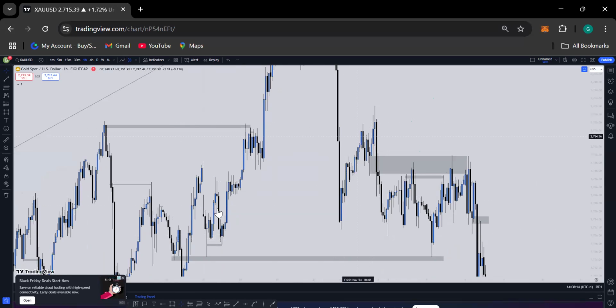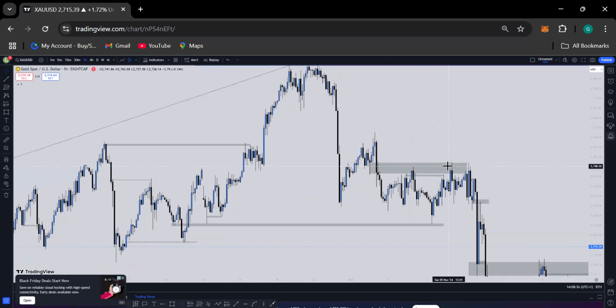Now we did see what? We did see a QML right here, which price failed to come into. We did see a blind spot, right? Now, price coming into this blind spot, we did see a rejection, and then we dropped straight into the daily level, and with the daily level, we rejected back. So you pretty much can play SNR levels, understanding the context.